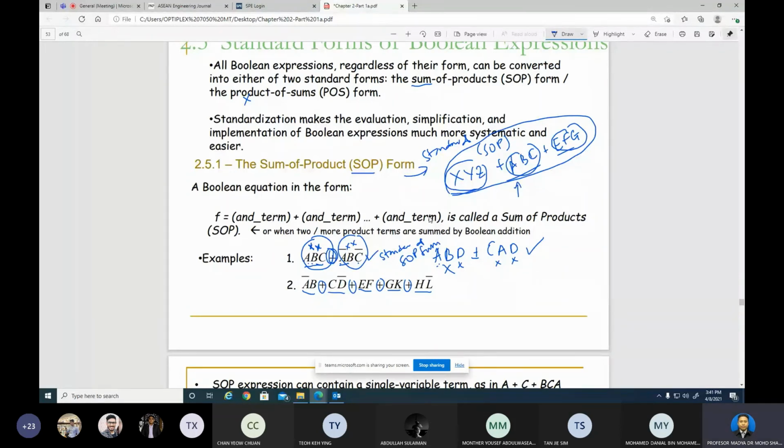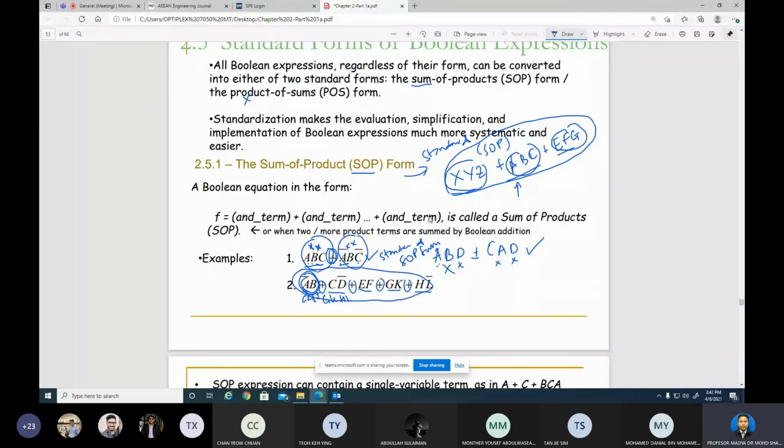For example number 2, element 1 doesn't have C, D, E, F, G, K, and also H, L. For the A, B element, we don't have the C, D element, the E, F element, the G, K element, or the H, L element. So this we call SOP, but it's not the standard.